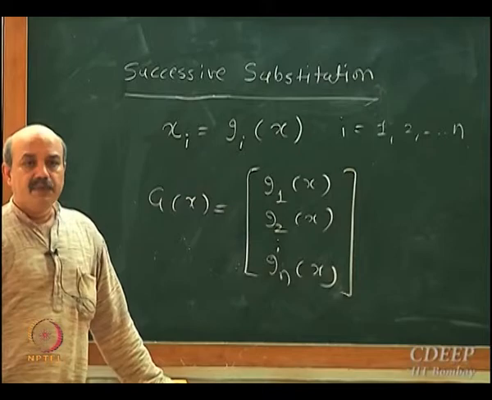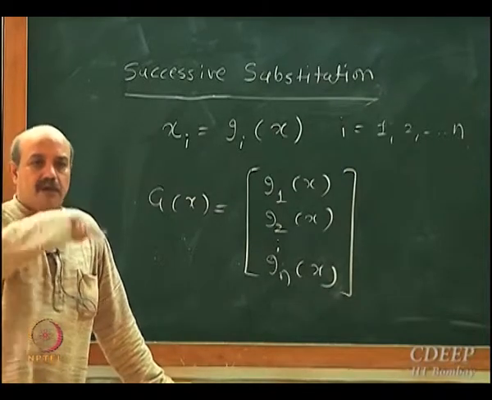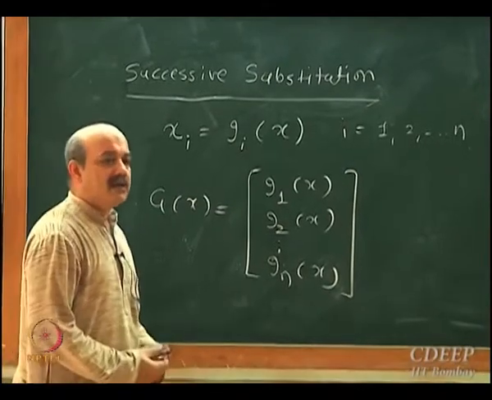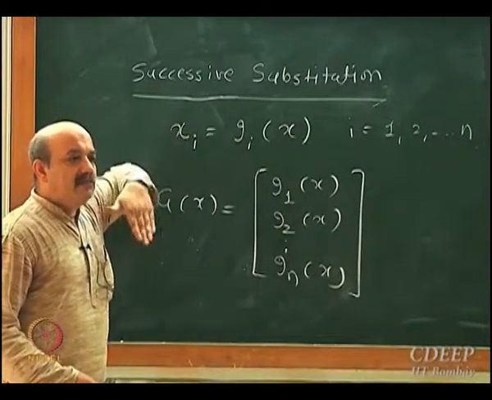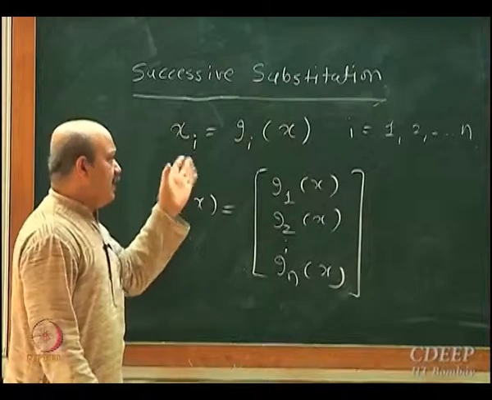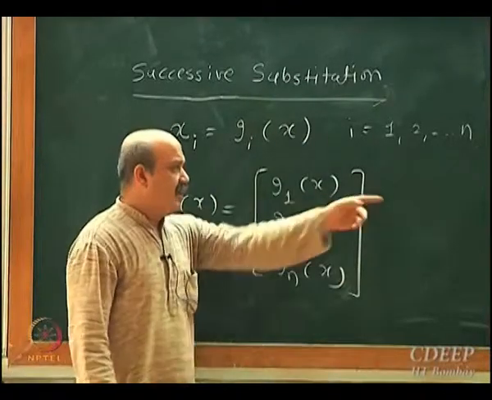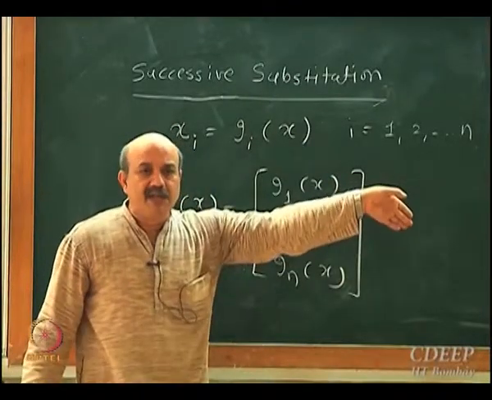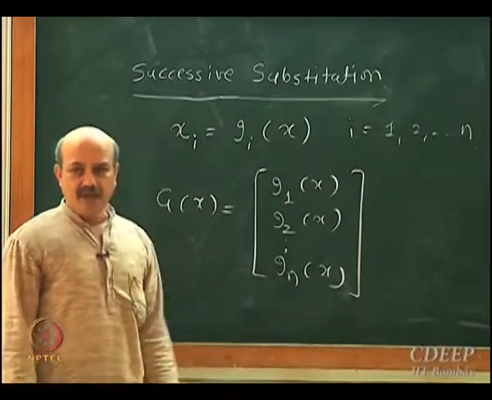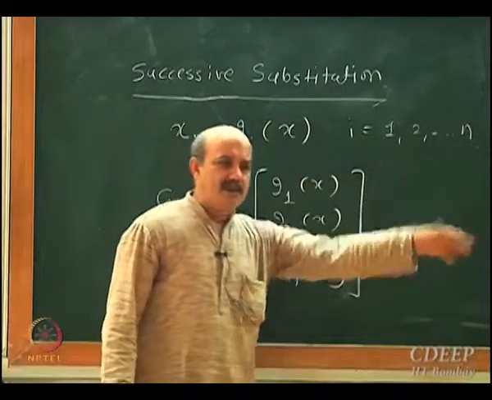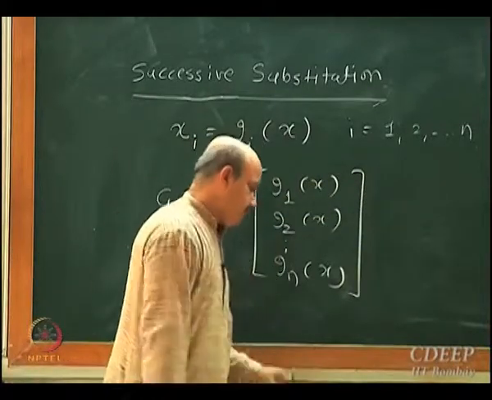This small g is nothing but one element in the function vector. I am looking at element by element. Converting into this form is not difficult. I can pre-multiply both sides by A inverse. So it will be x is equal to ... Removing the A matrix is not a big deal.